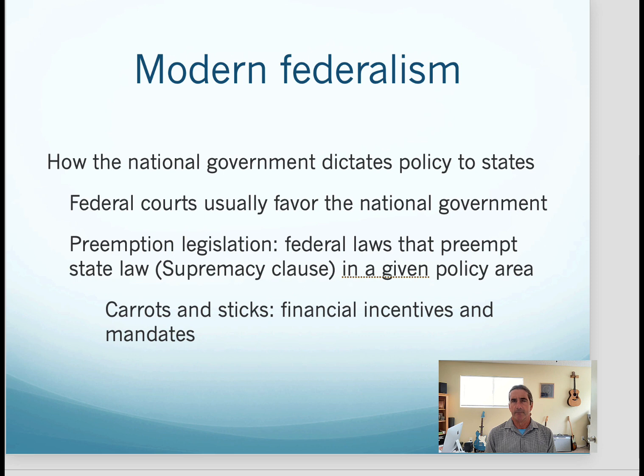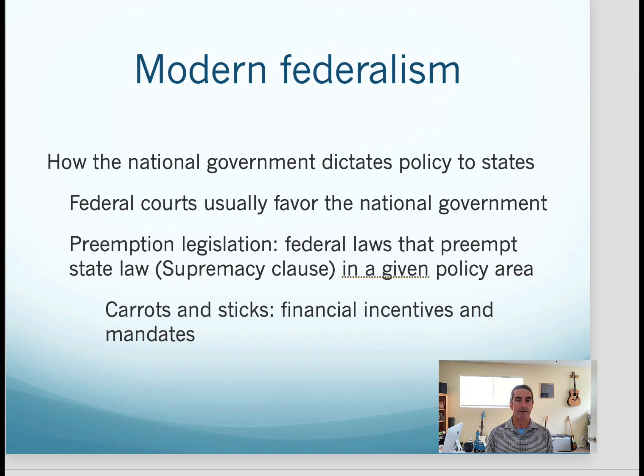And in recent years, especially the last 3 to 4 years, the federal courts are actually leaning a little bit more towards states' rights claims. But historically, the federal courts have usually sided with the national government on those kinds of questions. Preemption legislation refers to federal laws that preempt state laws in a given policy area.